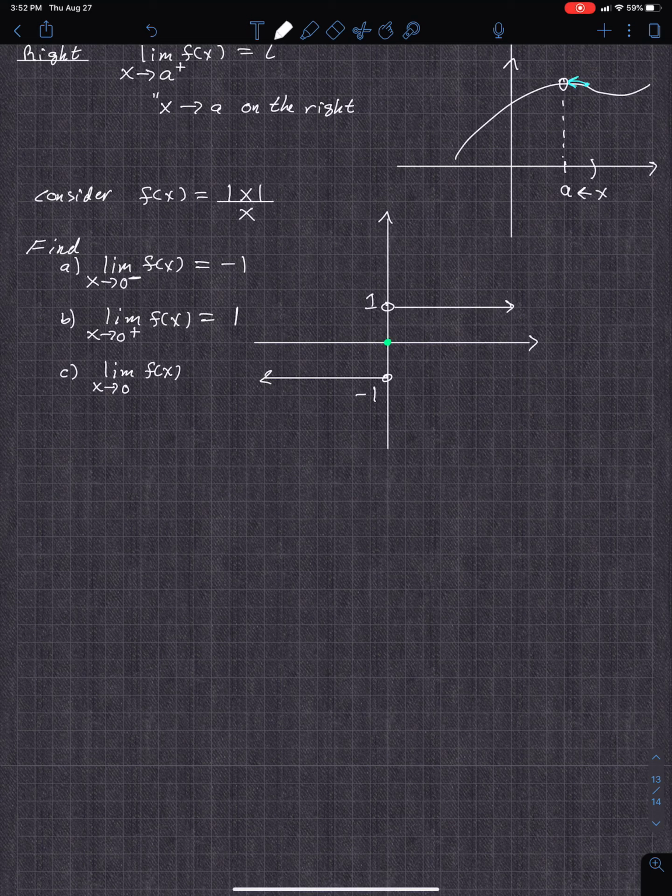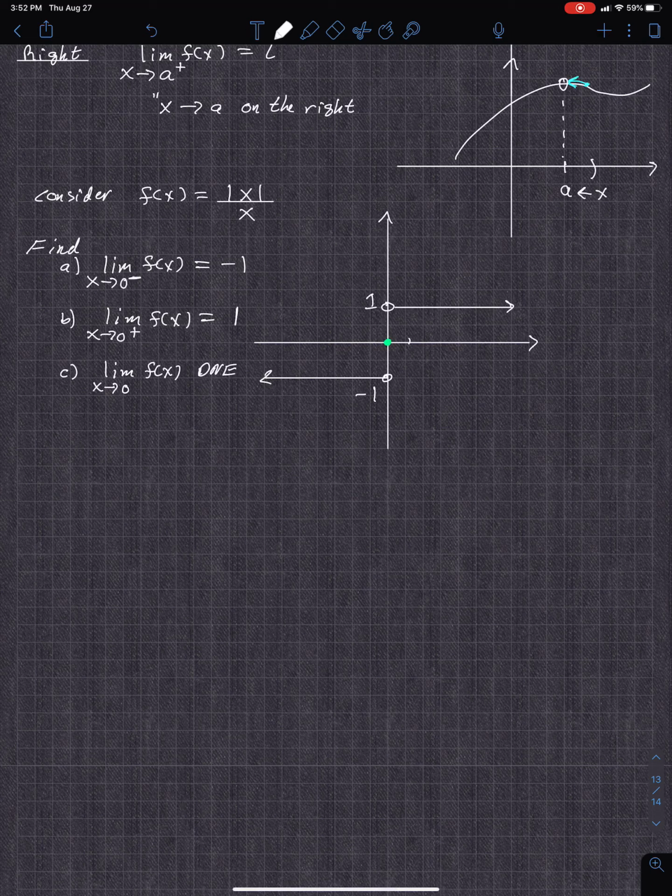If you look at both sides, as we discussed in the previous section, they're not the same, so it does not exist. This is a DNE. Or I'm sorry, the limit doesn't exist. So the limit of f of x as x approaches 0 does not exist.